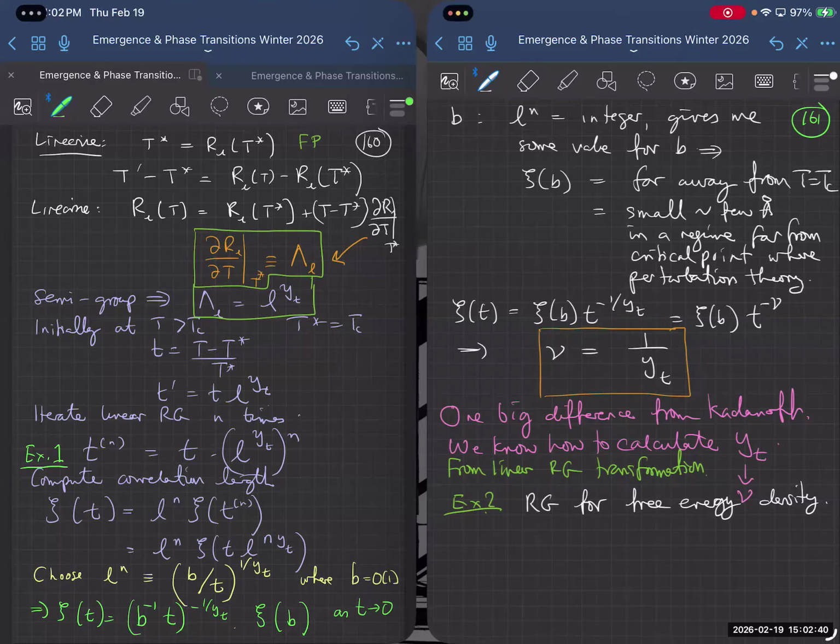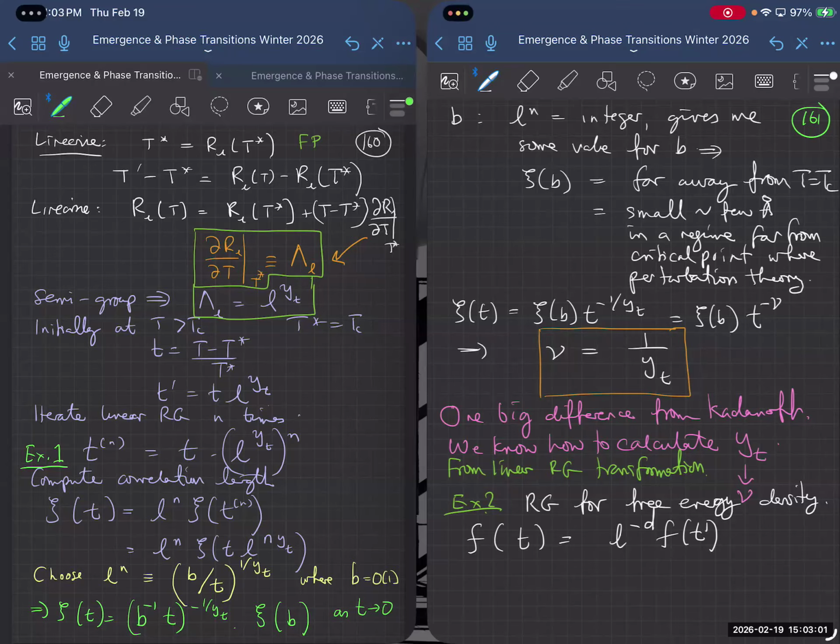More specifically, the free energy per spin, or the free energy density. We already saw that the singular part of the free energy scales like L to the minus D times F of T prime, where T prime is the image of T under a specific renormalization group transformation.